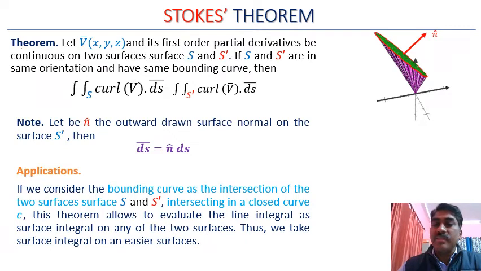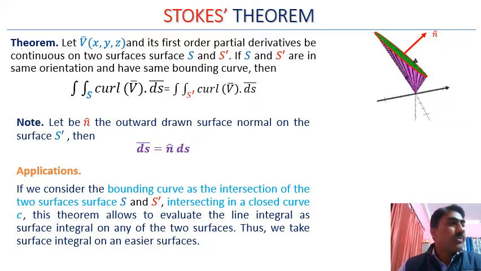The purple surface is the lateral surface of the cone, while the green surface is part of some plane that cuts this cone. It is hard to integrate a vector on the purple surface, but this theorem enables us to integrate the same thing on the green surface.